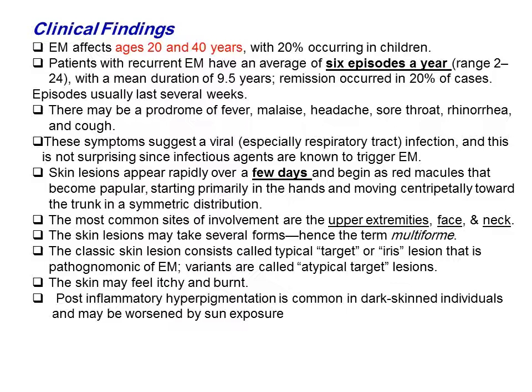Skin lesions appear rapidly over a few days, beginning as red macules that become papular, starting primarily in the hands and moving centripetally toward the trunk in a symmetrical distribution. The most commonly affected sites are the upper extremities, face, and neck.